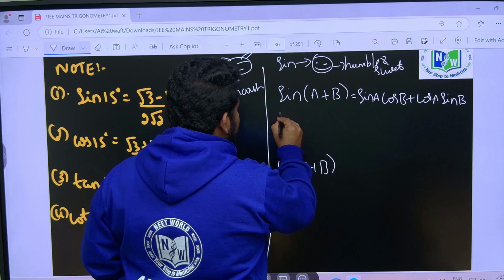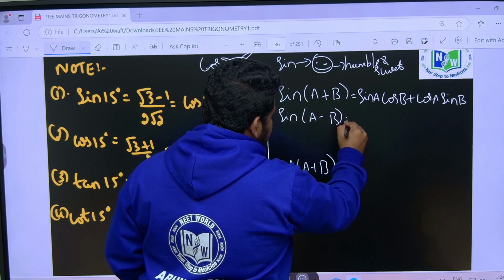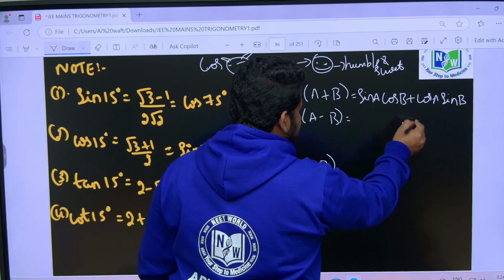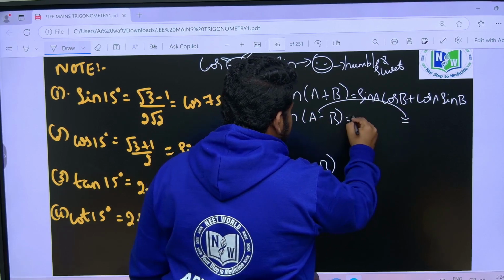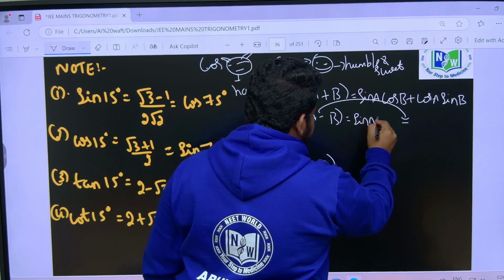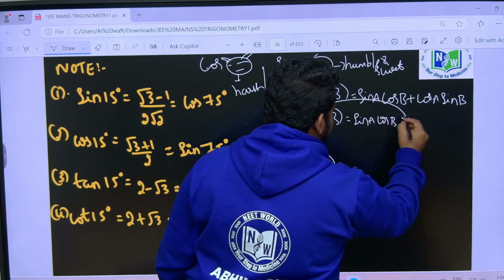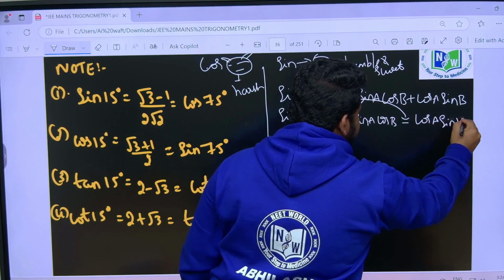Next, what about sin of a minus b? If you ask him to open the door, he will open only, so it will be minus only. What about merging? Sin a will merge with cos b. Yes, no problem. Humble and sweet, I told you. Cos a sin b, that is, sin b will merge with cos a.